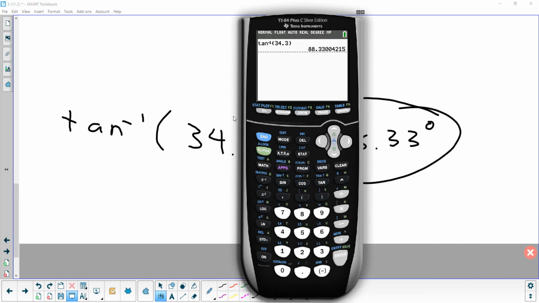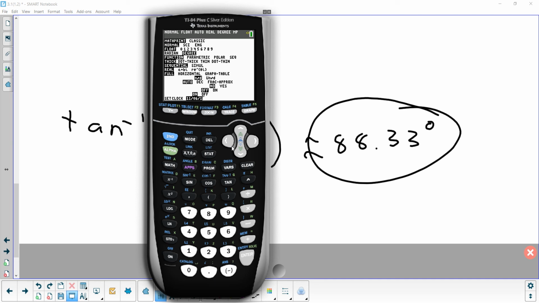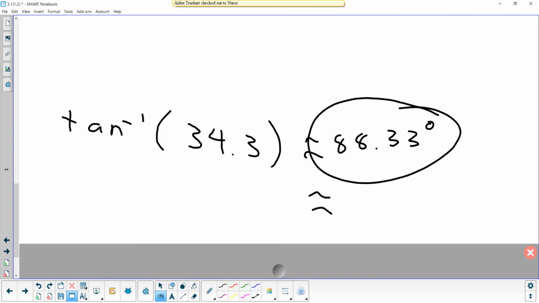Now, let's say, let me do it the other way, just because I want to point something out on a multiple choice type of question. It's also 1.54 radians.